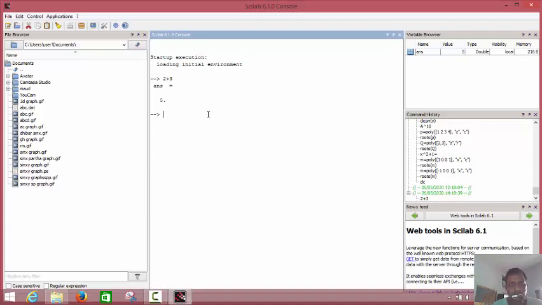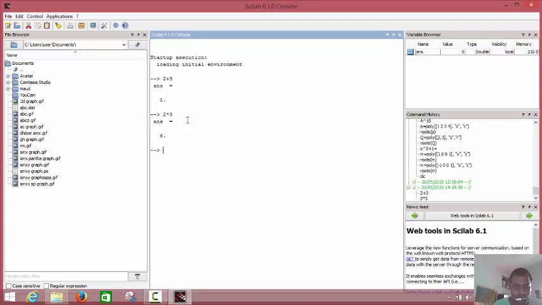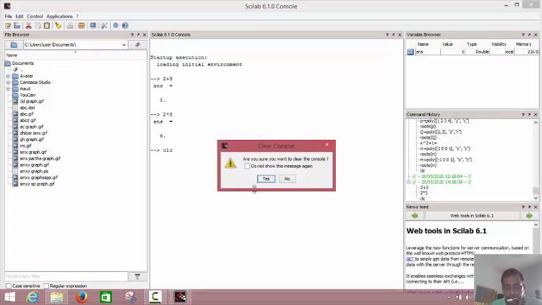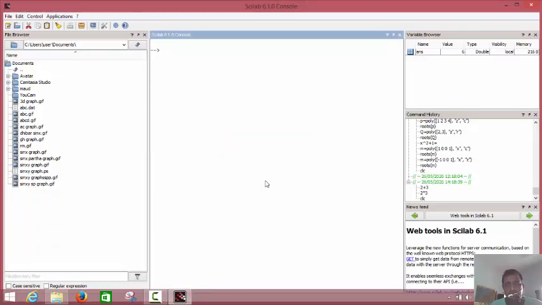It comes out 5, so it is working as a calculator. CLC clears the screen, if you want to clear this console. Today we will discuss a few basic things about Scilab.